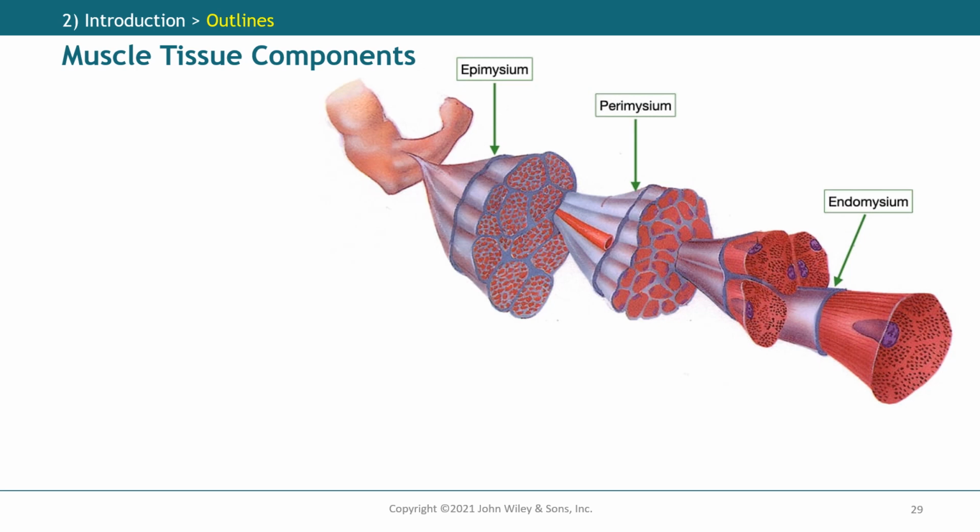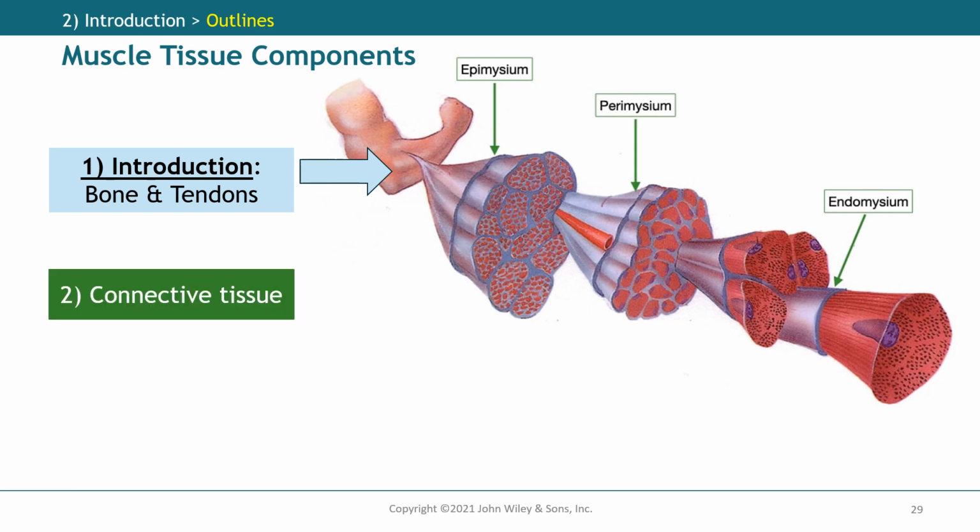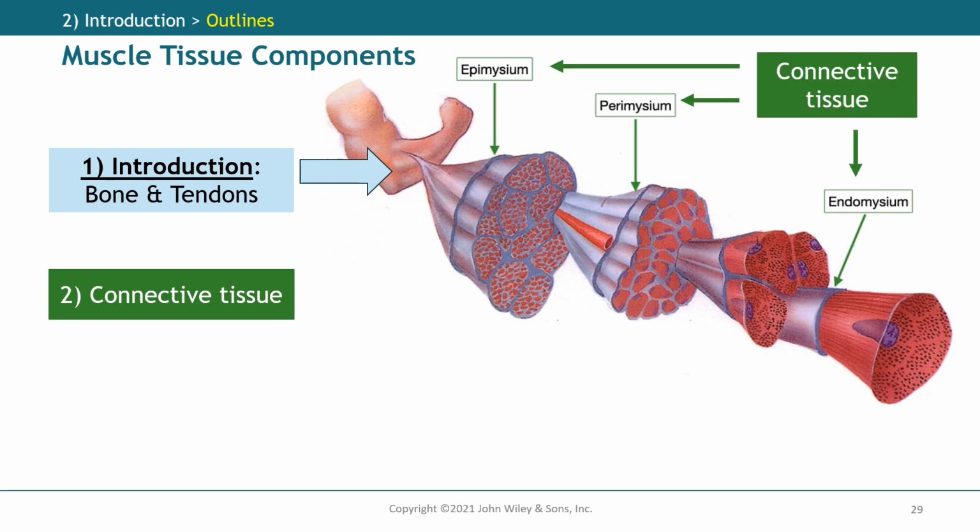Okay, so we are done, and we talked about three main ideas. So the first idea is that I gave you an introduction. I told you before we start talking about muscles, we need to talk about bones and tendons, because the movement of the muscle contraction requires all this structure to be able to move the bones. Then I told you another important component is the connective tissue, because it's surrounding all this level of organization of the muscle, and we talked about three different connective tissues that are surrounding each one of these sections of the muscle.